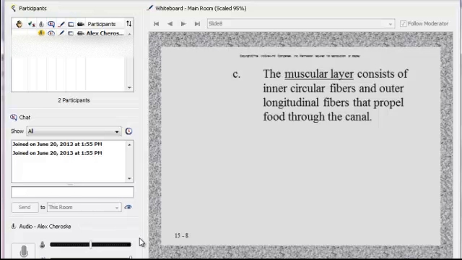It makes your intestines squeeze, your stomach churns, and things like that. That's smooth, right? Skeletal is voluntary, we're moving the body voluntarily. Cardiac is only found in the heart. This is going to be smooth. It's involuntary. It's coordinated by the brain and different subconscious areas of the brain, but it's largely operating at a subconscious level.